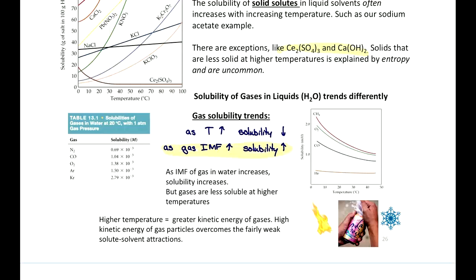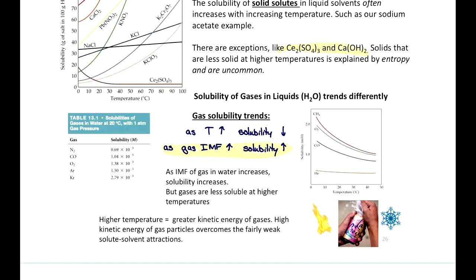Versus the experience isn't as intense when the soda is warm, because warm sodas hold less CO2 in that solution. So it won't feel as carbonated as a cold soda, right? So yeah, temperature and solubility.